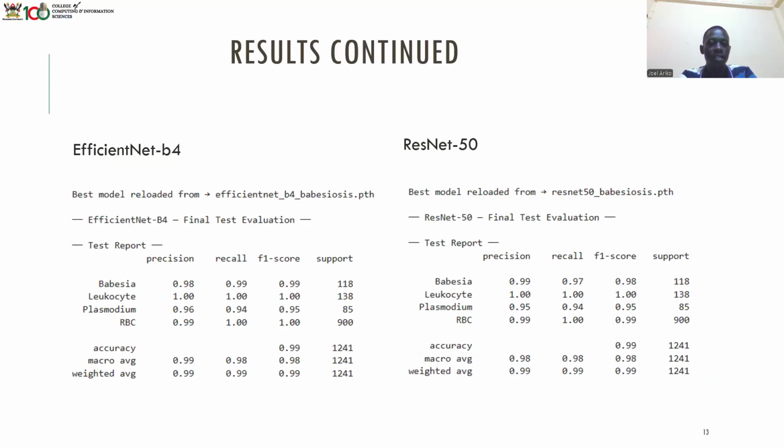Then also, on the other hand, for the EfficientNet B4 and the ResNet, I have all the test reports. All of them have the evaluation metrics, where we have the precision, recall, F1 score, support, and accuracy. The overall accuracy for the EfficientNet B4 was 99%, equally for the ResNet, it was also 99%.